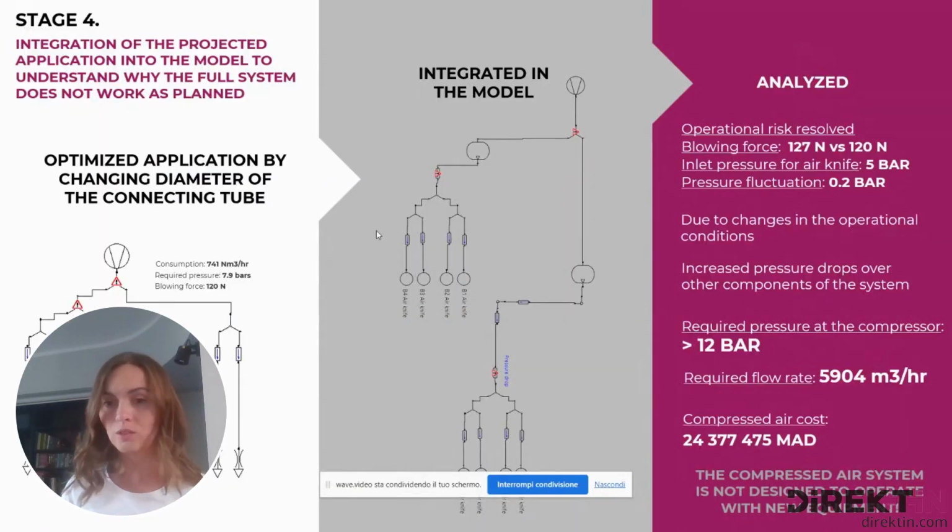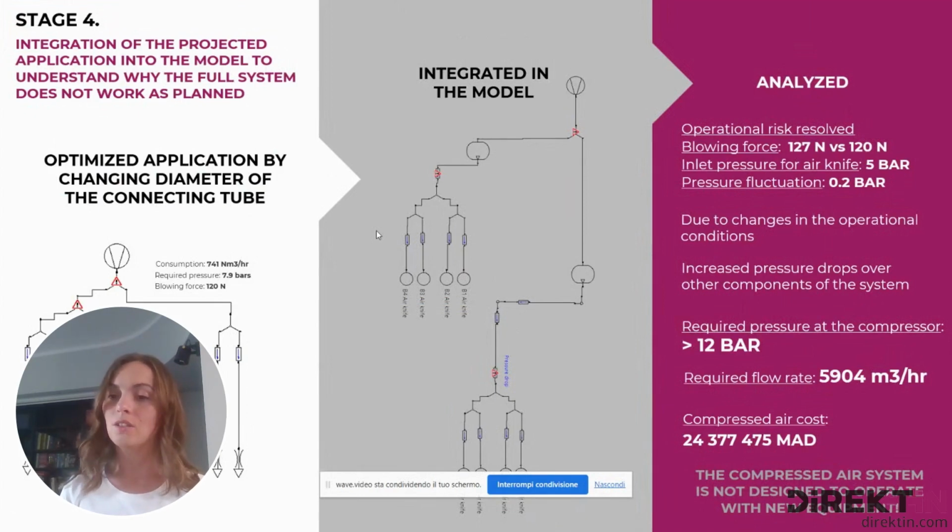So this was another additional step of not changing the air knife, but changing the connector there. Then we modeled it, and the model showed us that the required pressure at the compressor would be 12 bar, as well as the required flow rate being twice as much, resulting in 24 million Moroccan dirhams instead of 6.5. What it shows here is that, of course, it didn't work that way, and we saw the reason why.